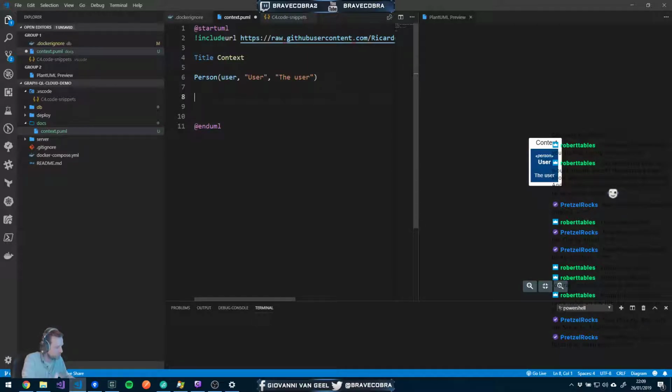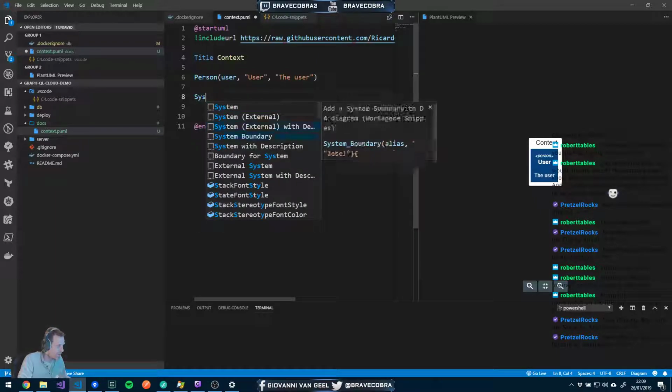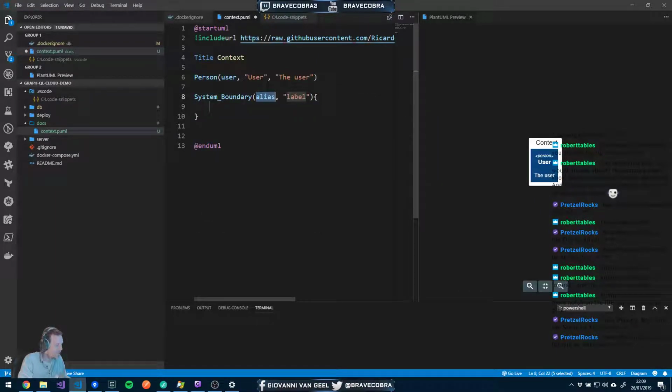Okay, so if I understood correctly, we also have two parts, which is going to be one is the database and one is the server, and those are going to be working together within a system boundary. So let's create a boundary, which is going to be our GraphQL demo in total, right?